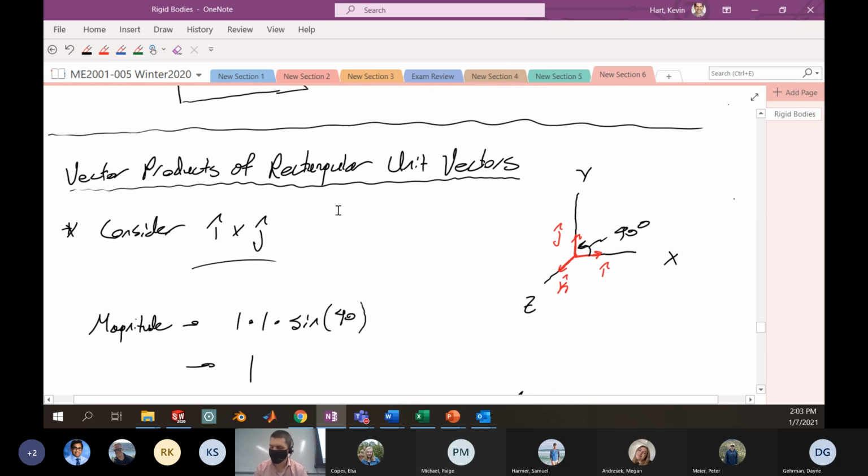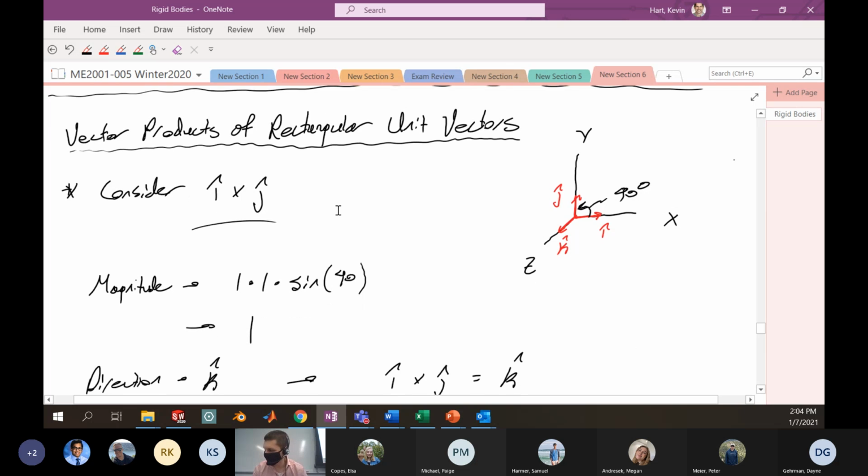Then we talked about what happens if you start taking cross products of our unit vectors. And remember, unit vectors are magnitude 1, generally pointed in the direction of your x, y, z coordinate system. If each of these unit vectors is of magnitude 1, and the angle between them is either 90 degrees or 0 degrees, depending on if you're taking the cross product of itself, then various things result.